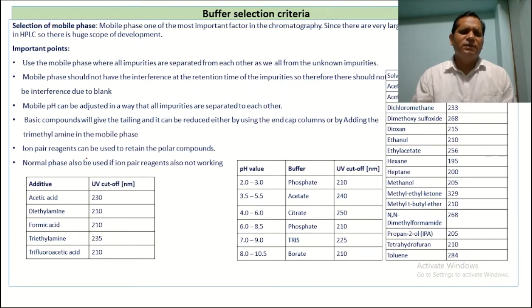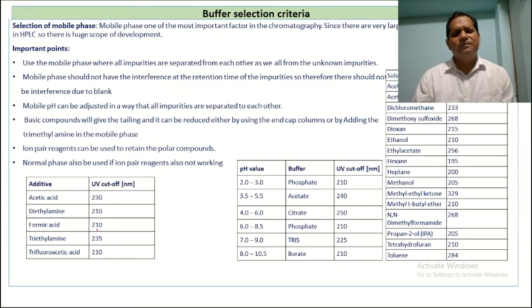Some buffers create problems at lower wavelength, so we should avoid them. For example, the UV cutoff of acetic acid is 230 nm, so we should not use acetic acid in the mobile phase when the method wavelength is less than 230.